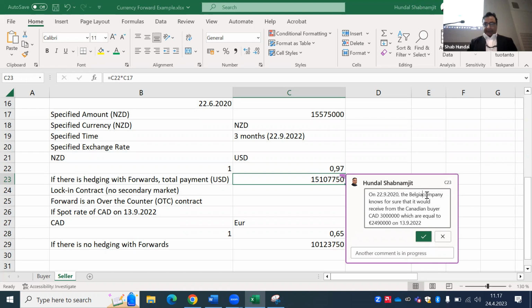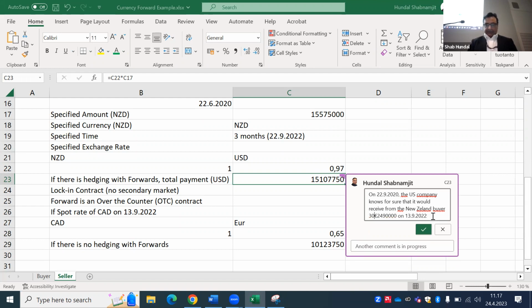The US company, because this time you are not the Belgian company as in the last case, knows for sure that it will receive from the New Zealand buyer, and you're not getting the euros because you're getting USD.